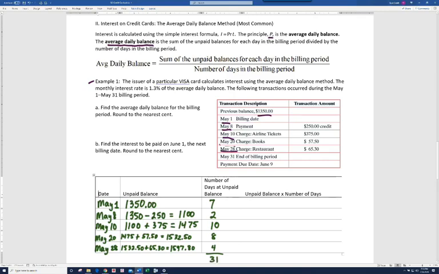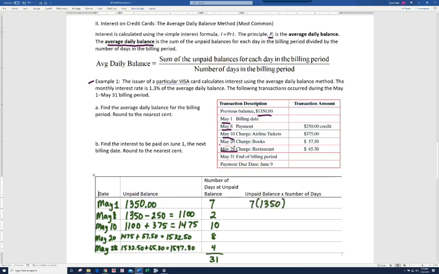All right, so here's the thing. Remember, what we're really doing is we're taking the average of all the balances for the 31 days of the month. So we could add $1350 7 times, but instead we just use multiplication.